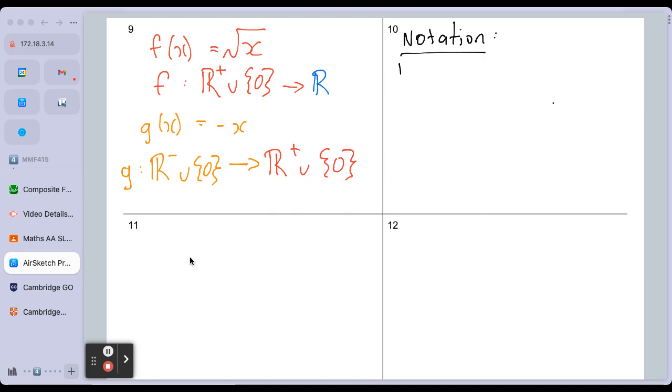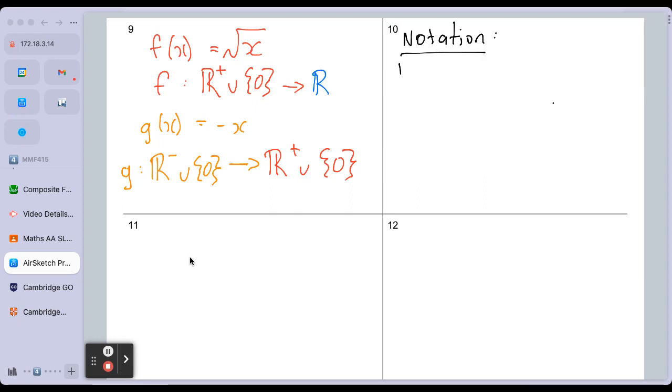So verbally, if we restrict G, although the rules are the same, the functions technically aren't the same. They use the same rule, but G of X is all real numbers, whereas what we've done is restrict it so that we can get a composite out of it.